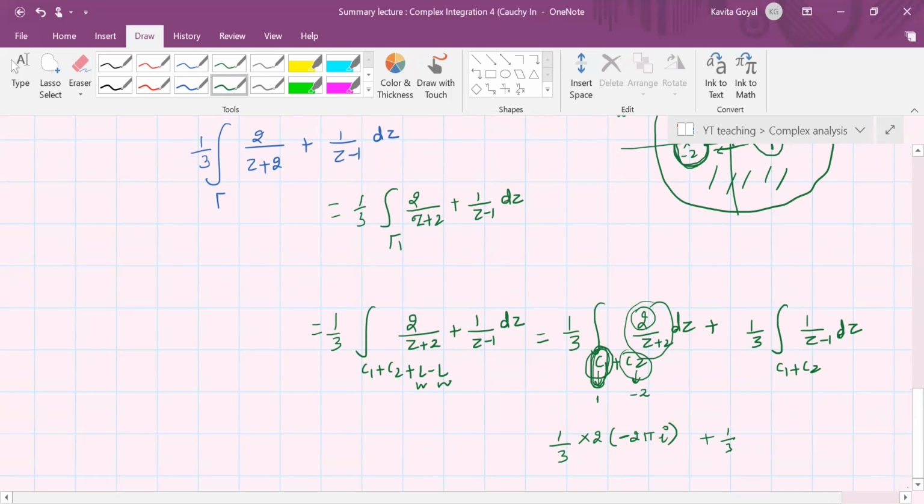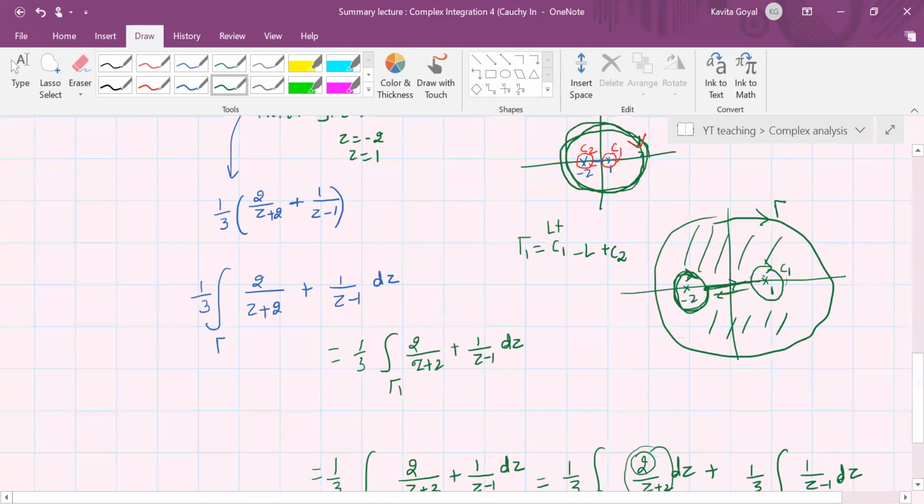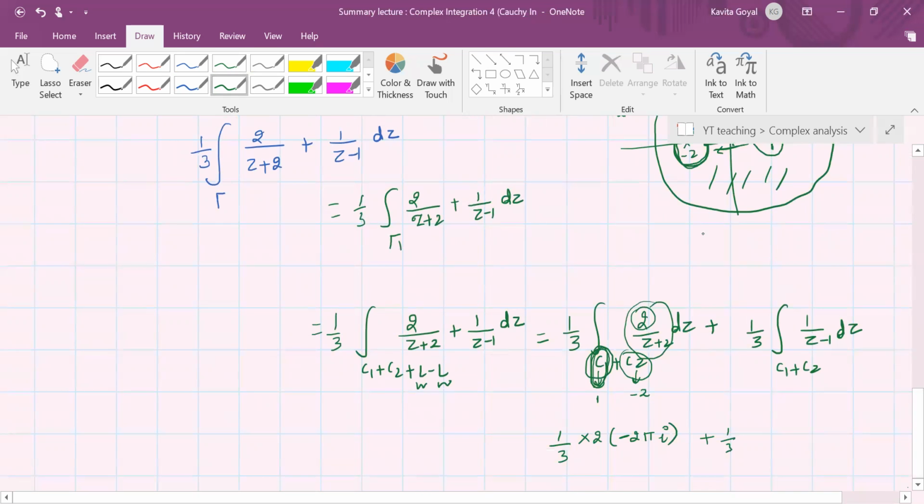Or you can take it along the way also. For that, you have to say gamma is twice, and then gamma 1 is also twice, then everywhere you will put 2. Or you just simply compute along gamma, treat gamma as one circle, and then make it 2 times. They are both the same.